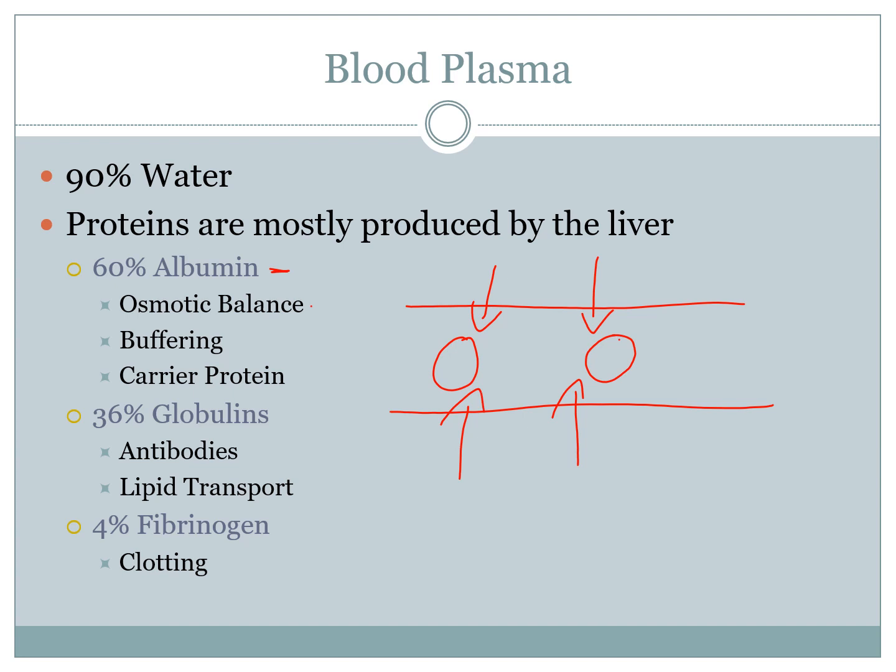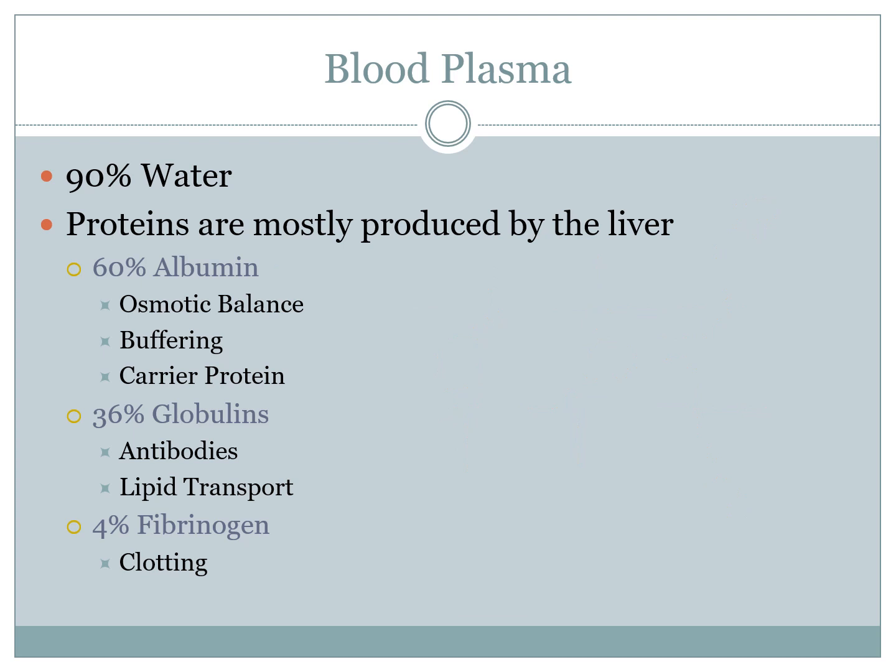If it wasn't for these large osmotic values, or this large presence of albumin and other elements like electrolytes, the water would just flow through the cells, in between the cells, around the cells, into the cells sometimes, because it has no osmotic draw holding it into the vessel. So that's a role that albumin plays.